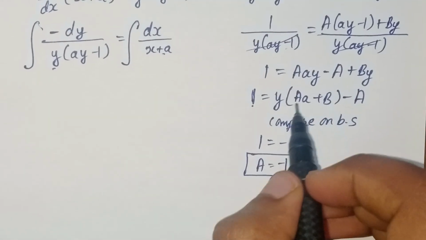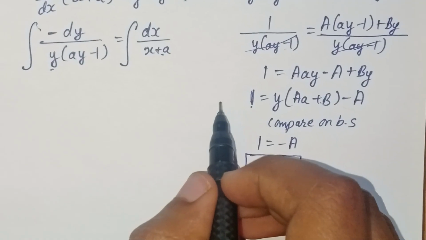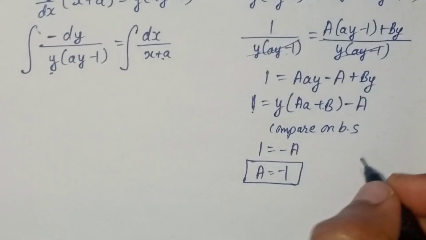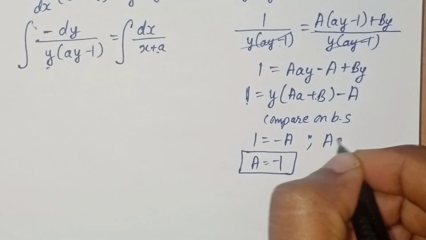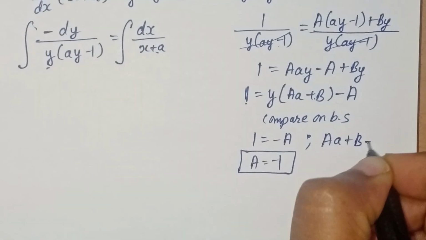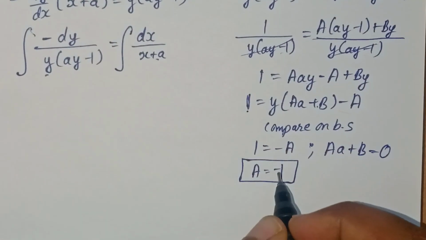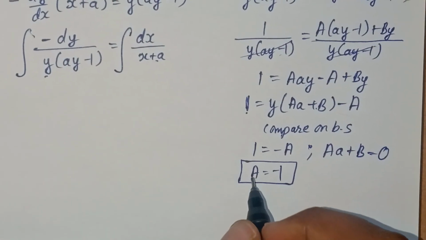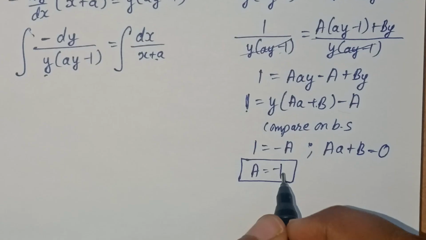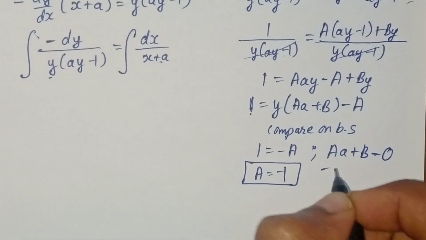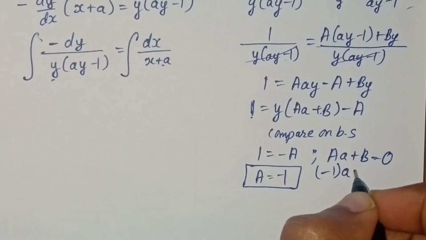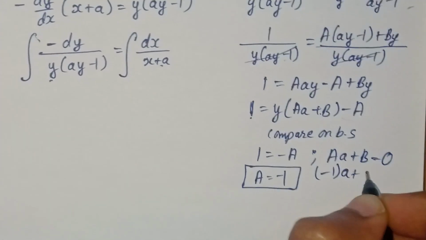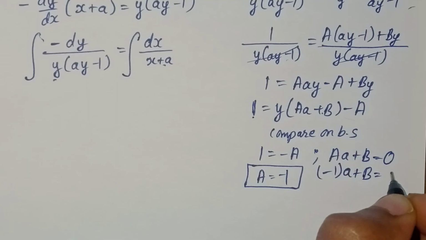Here we have y terms, but on this side we don't have y terms. So we can take Aa plus B equals 0. We already got the capital A value equals minus 1, so we substitute that value: minus a plus B equals 0.